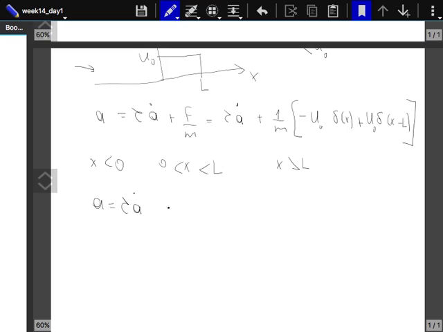What is the solution of this equation? A of t will be just e to the power minus t over tau times A at t equal to 0. Well, on the left-hand side, the particle is moving with constant velocity. That is our initial condition.